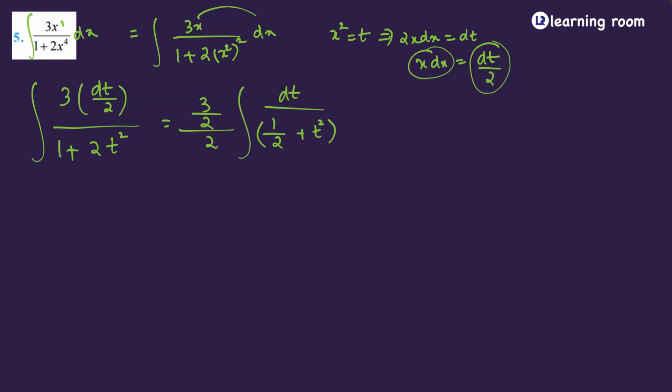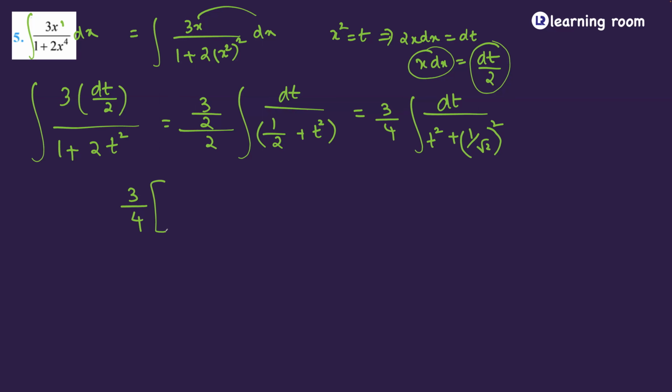So 3 by 2 by 2 is going to give me 3 by 4. So this whole thing will get converted as 3 by 4 into the integral of dt divided by t square plus (1 by root 2) the whole square. Right. So the answer will be 3 by 4. I will leave it as it is.